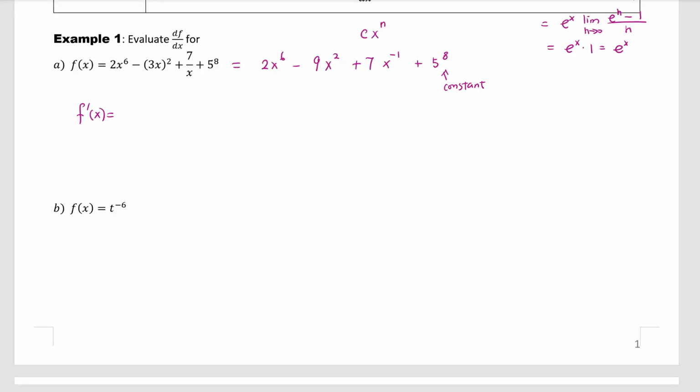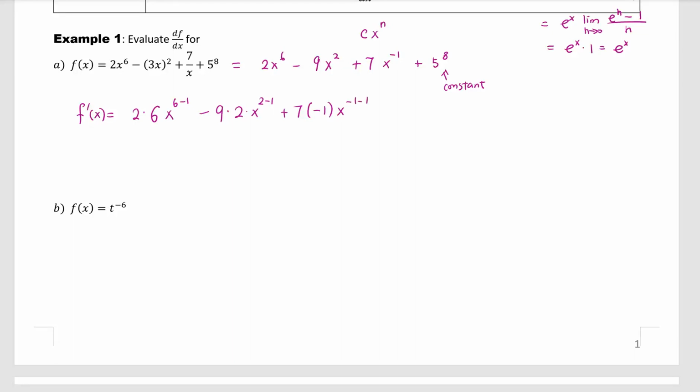When we differentiate, the constant coefficient stays there, and the power 6, we bring it in front, and then x to the 6 minus 1, right? And then minus 9 stays here, the constant multiple stays there, and the 2, put it in front, x to the 2 minus 1. And 7, put the exponent down in front, and then x to the minus 1 minus 1.